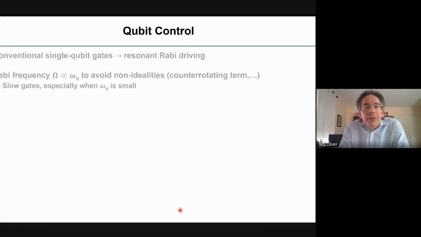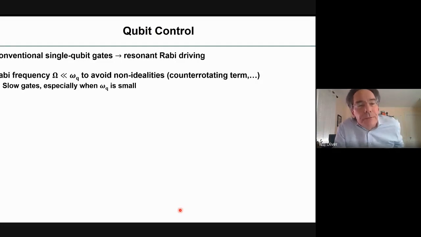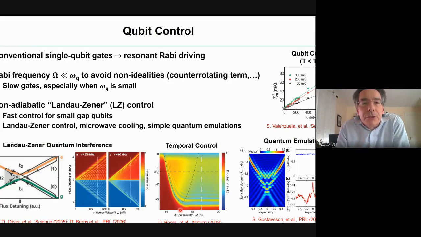Okay, so qubit control, conventionally, we all know we do Rabi driving basically to do single qubit operations, generally at least X and Y. And one requirement is that the Rabi frequency be much smaller than the transition frequency to avoid non-idealities, like the counter-rotating term. So this means that if you have a small qubit frequency, then the gates have to be slow, okay? And that's going to fight up against coherence times.